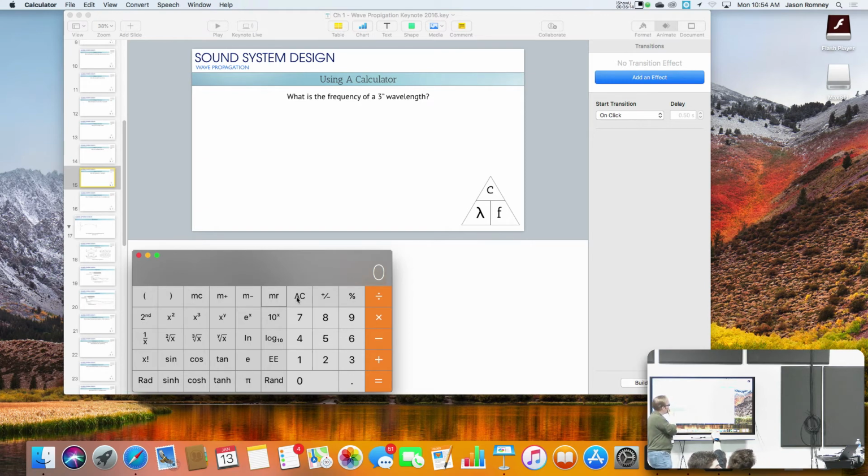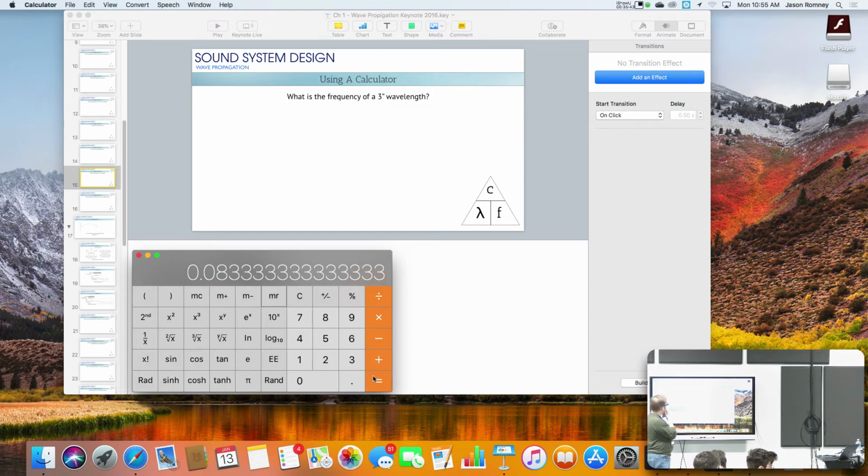Divide by 12. So let's do this the long way. This is how I have to think about this stuff, because I'm math challenged. How many feet is 1 inch? So I could say 1 foot divided by 12, and I get 0.083. So 1 inch is 0.083 feet.